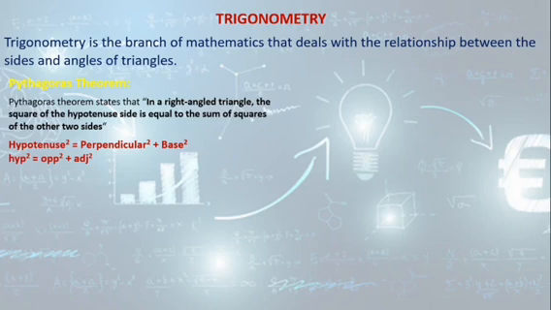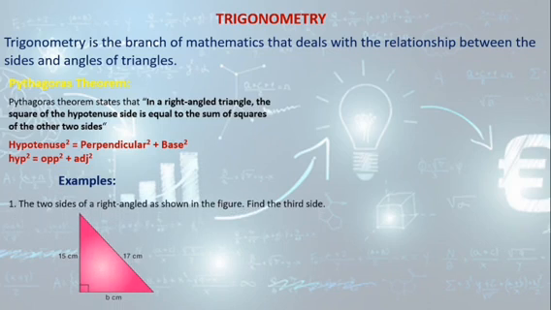So let's look at an example or two of cases where we had to use Pythagoras theorem. Now we have this right angle triangle, and it has two sides given to us, and we are supposed to find the third side.